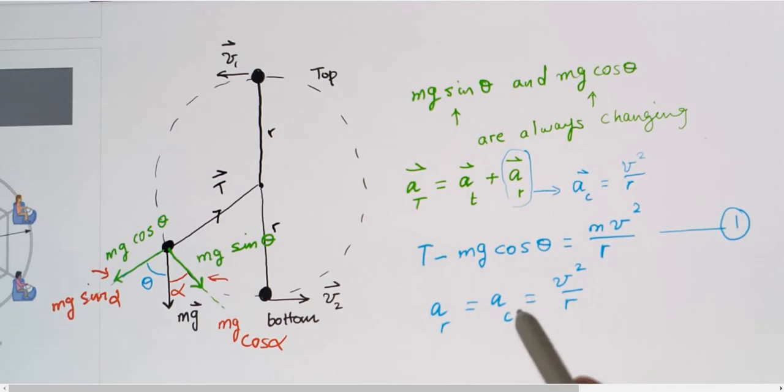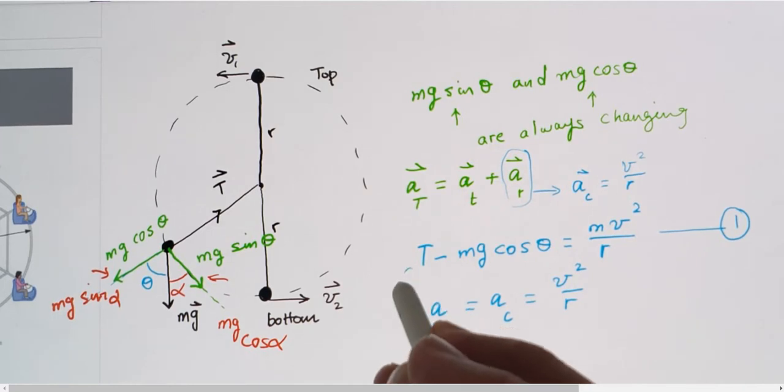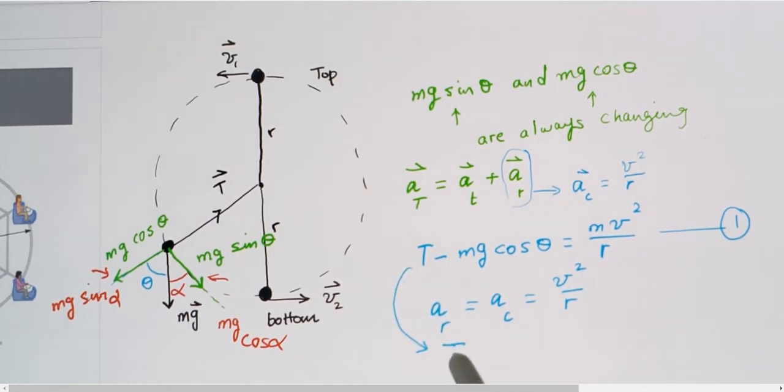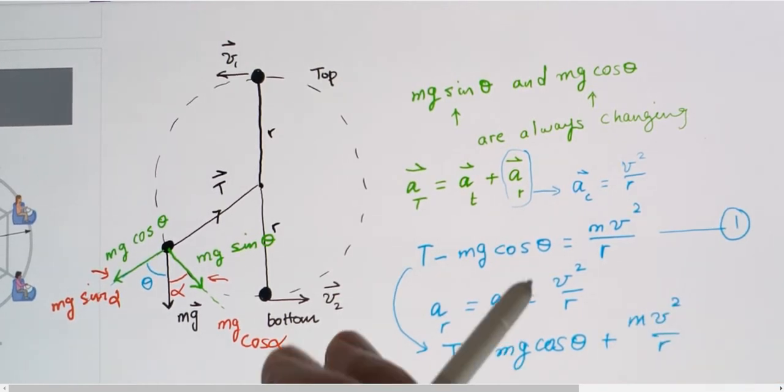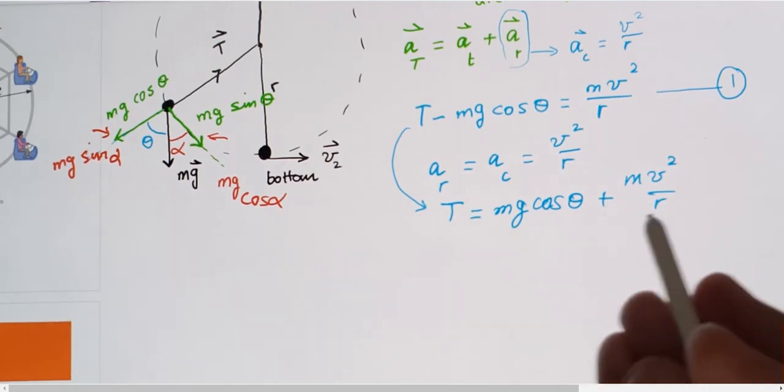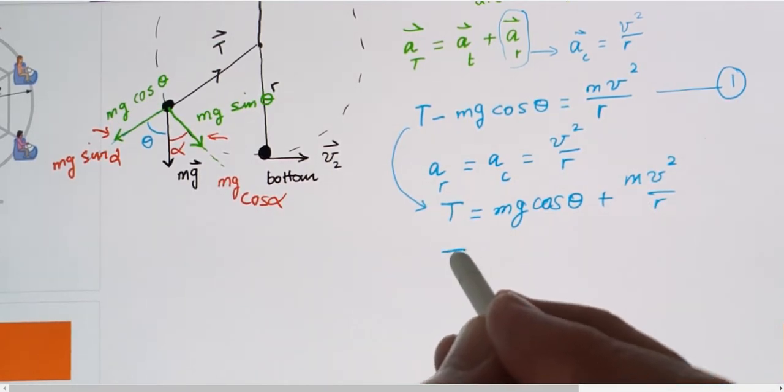The book is crazy about derivations. I can rewrite this as T equals mg cosine theta plus mv square over r, and then I can simplify it a little more.